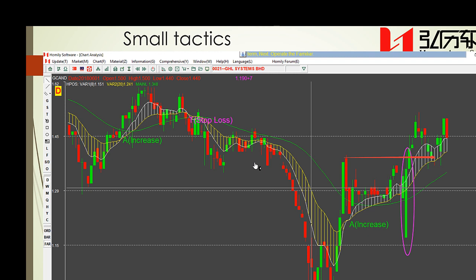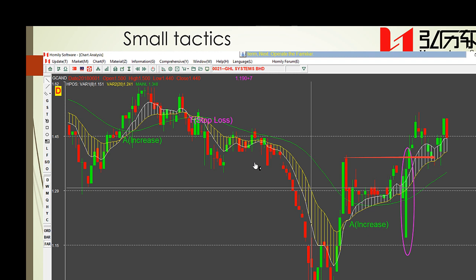Then the second day opens with a very low price and moves up again. The previous high point is the resistance, and we draw a line here. We can find out that the price cannot break out, right?